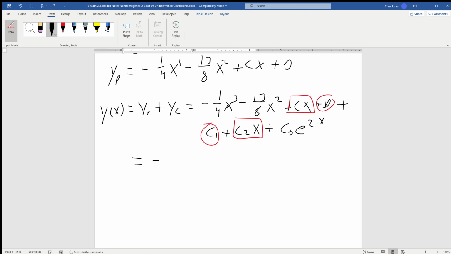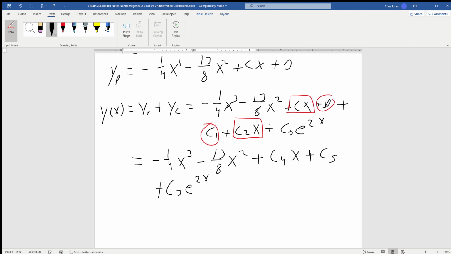The final solution is negative 1/4 x cubed minus 13/8 x squared plus c4x plus c5 plus c3 e to the 2x.